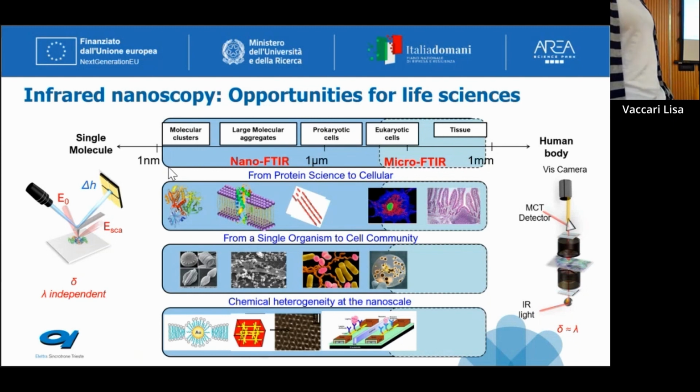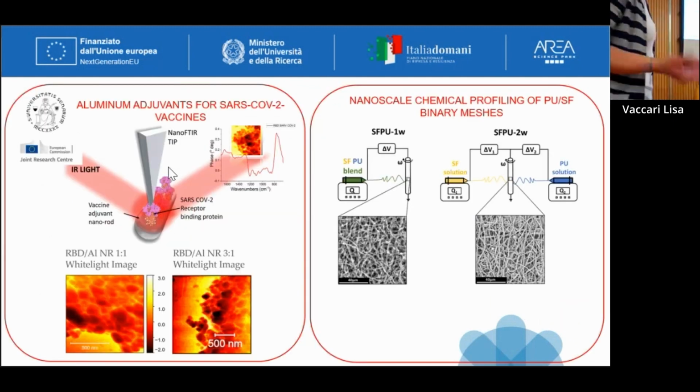So we did some experiments, and I just want to show you this example. This is a study that we started in collaboration with the Joint Research Centre. Okay, this is a European center in Lombardia. And the idea is the following.